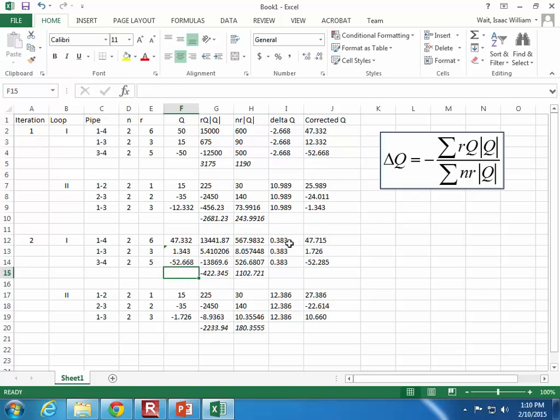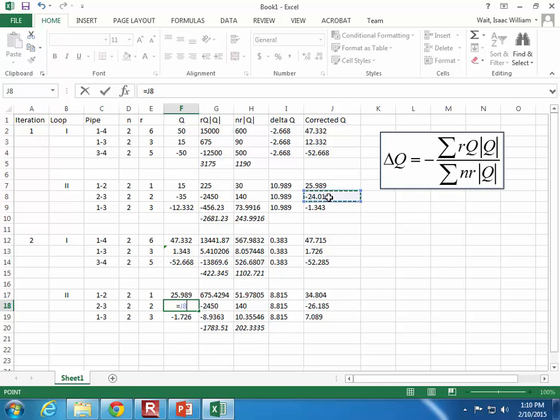So here's some encouraging signs. Our delta Q is getting smaller. If you don't see that, then that means the solution isn't converging like it needs to. All right, let's update this. Pipe 1, 2, our best flow rate equals this. Pipe 2, 3 equals that one.